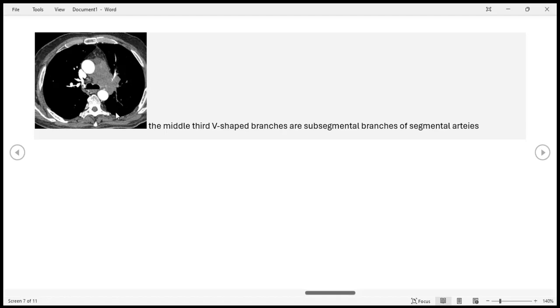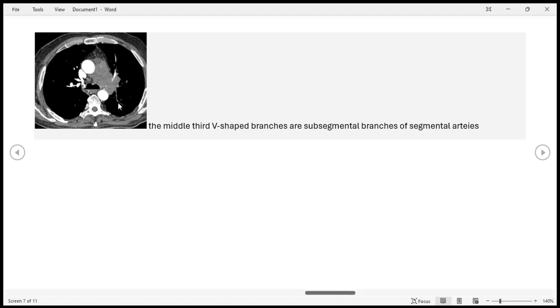So this branch is a subsegmental branch or third order branch. However, this one is seen within the inner third of the lung. So this branch is a segmental branch or second order branch.